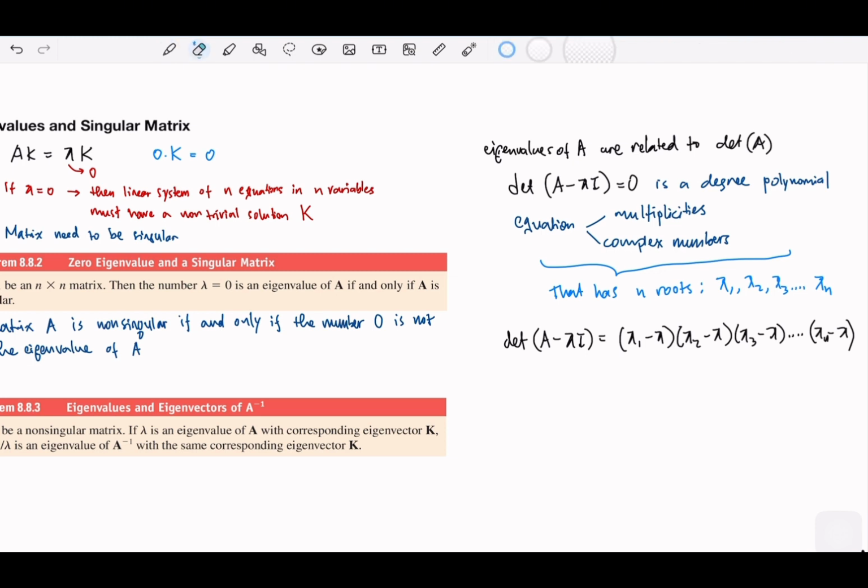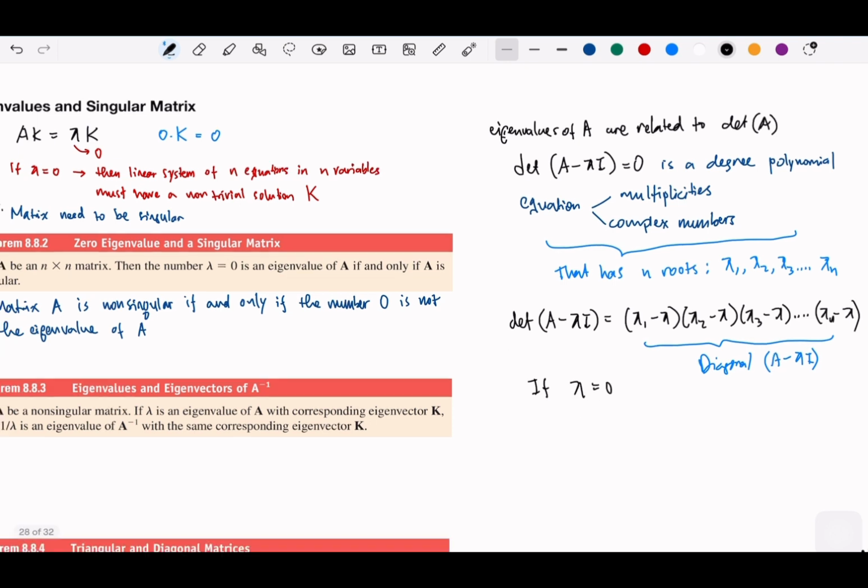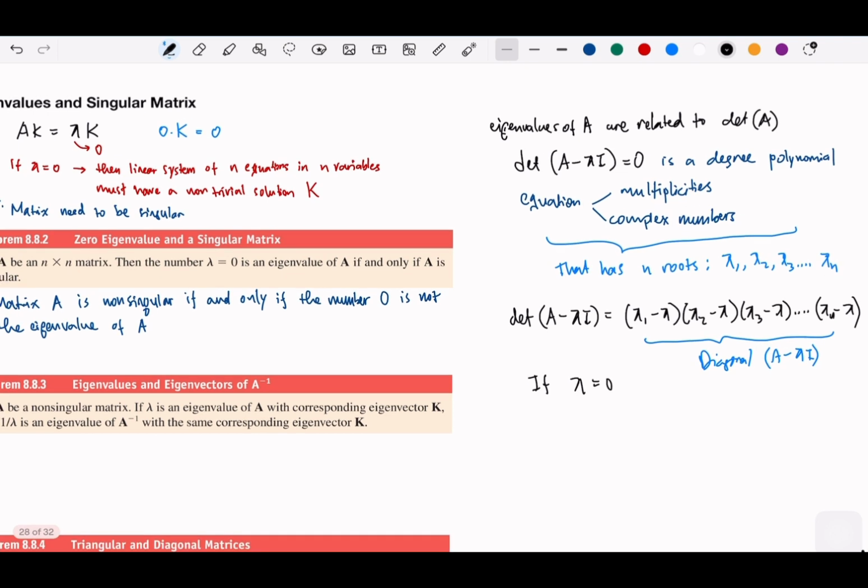Just to remind you, this is the diagonal A minus lambda, right? And if we set lambda as 0, then we see that the determinant of A is actually lambda 1, lambda 2, lambda 3 until lambda n.